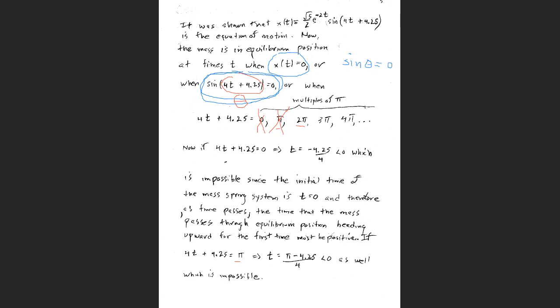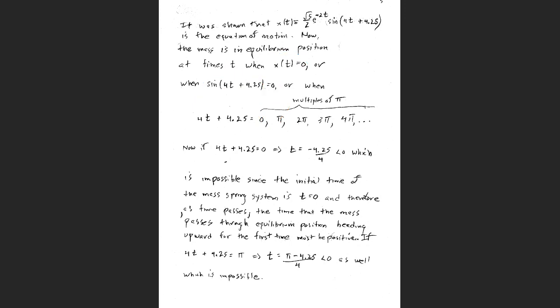Well, now we're gonna try 2 pi. All right. So in other words, we're gonna keep putting in multiples of pi until we get a positive time. We have to at least get a positive time before we can start talking about other things.